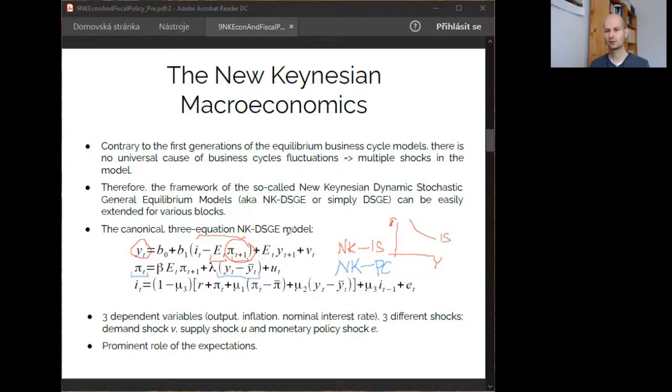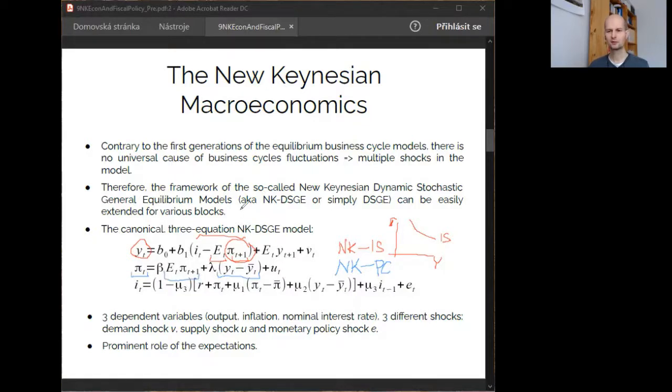The small letters overall here represent the logarithms. So the difference between YT and YT bar is the output gap in percents. And here the new Keynesian Phillips curve is not only about positive association between output gap and inflation. There is again room for inflation expectations.